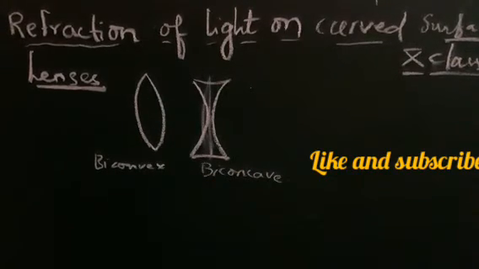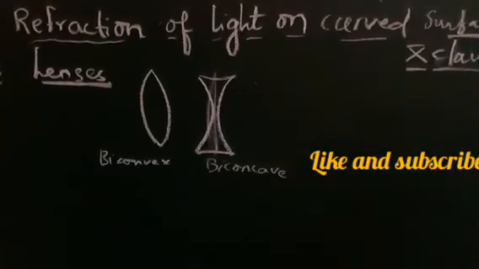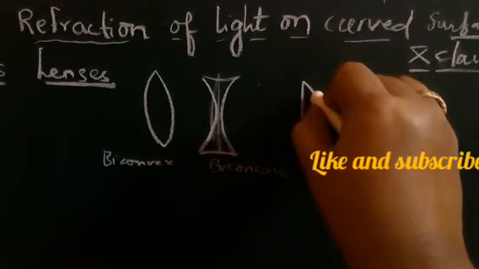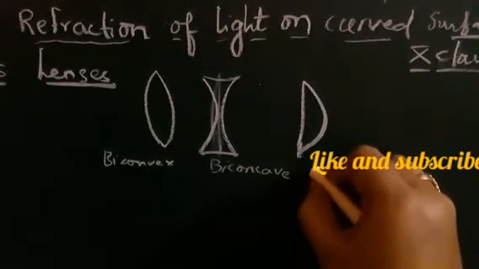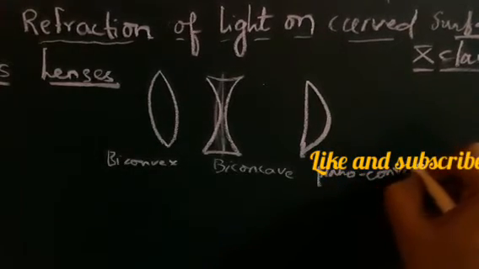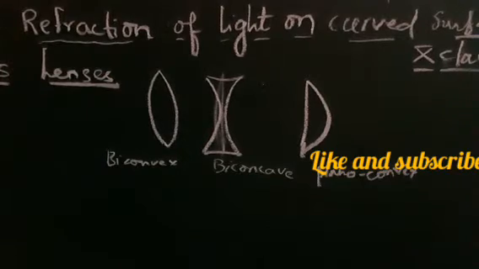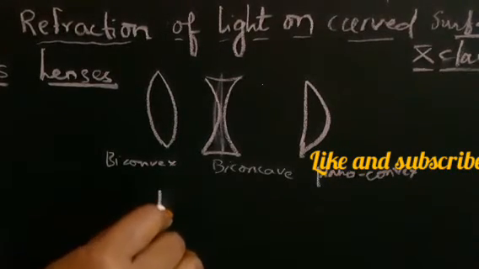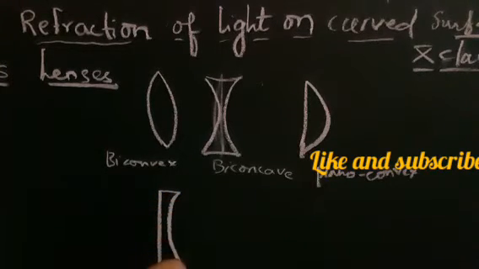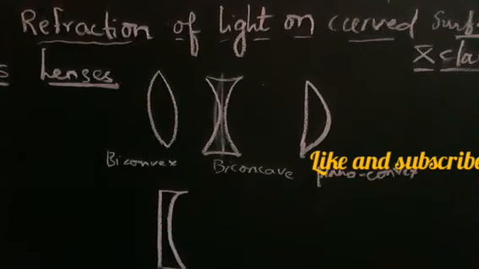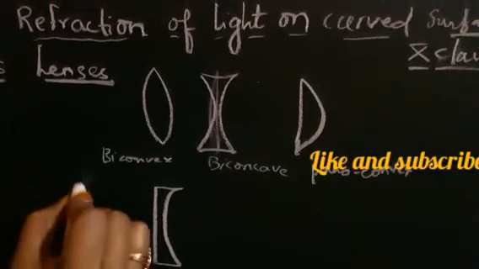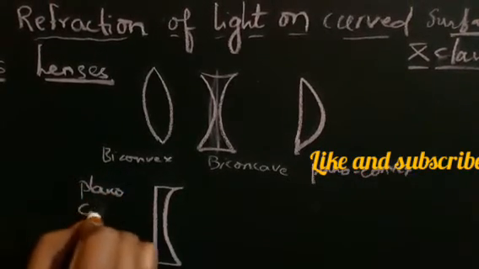If you have plano convex, one side is plane and the other side is convex. Then next is plano concave, where one side is plane and the other side is concave.